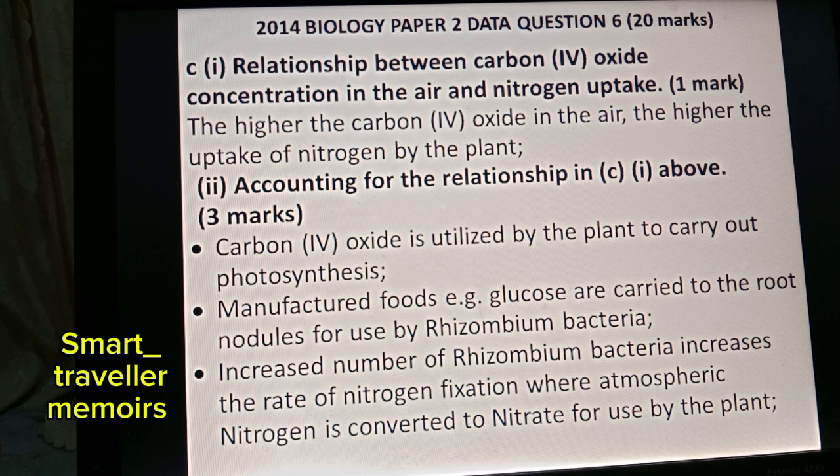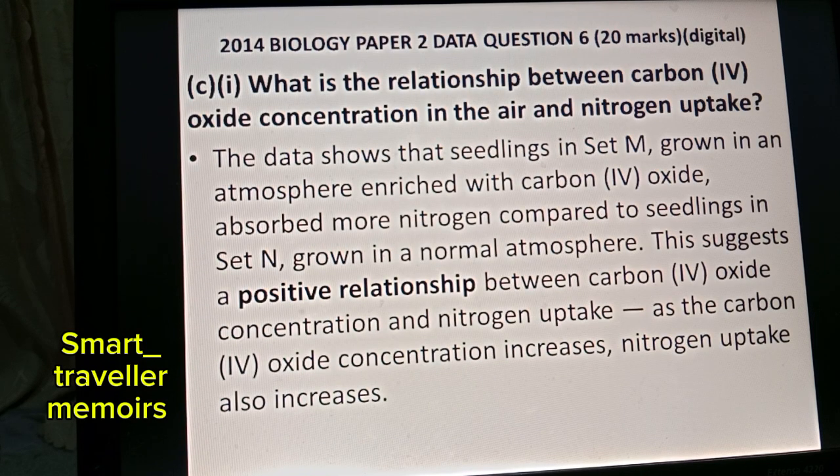Accounting for the relationship in C above, carbon dioxide is utilized by the plant to carry out photosynthesis. Manufactured foods, e.g. glucose, are carried to the root nodules for use by Rhizobia bacteria. Increased number of Rhizobia bacteria increases the rate of nitrogen fixation, where atmospheric nitrogen is converted into nitrate for use by the plant.